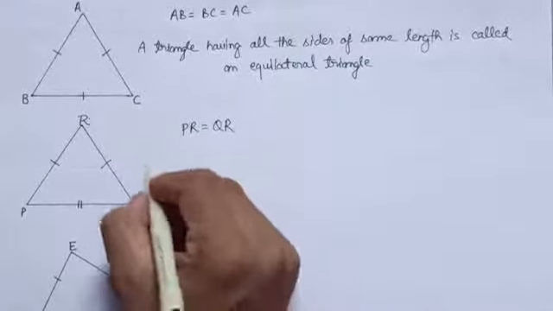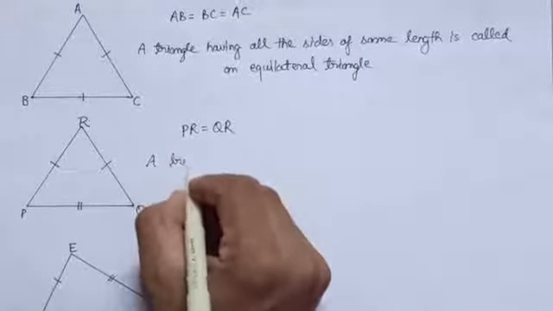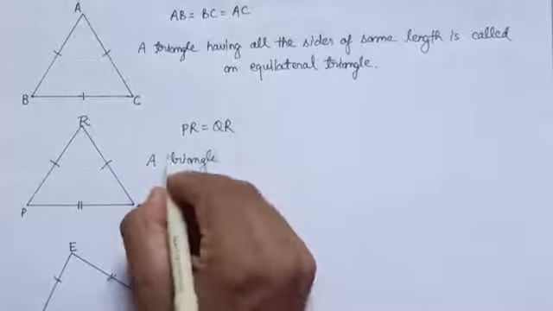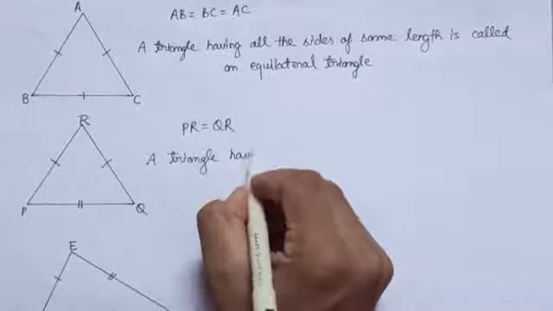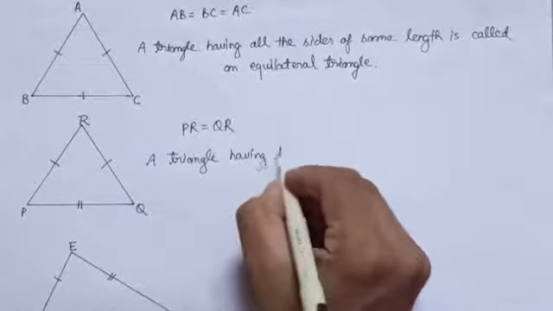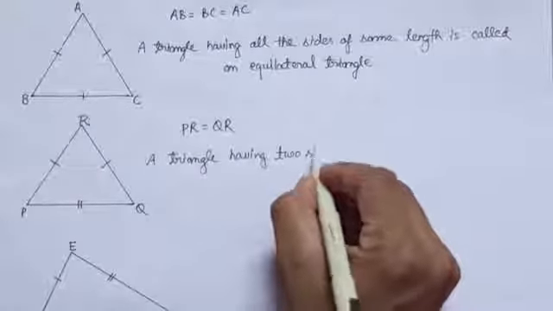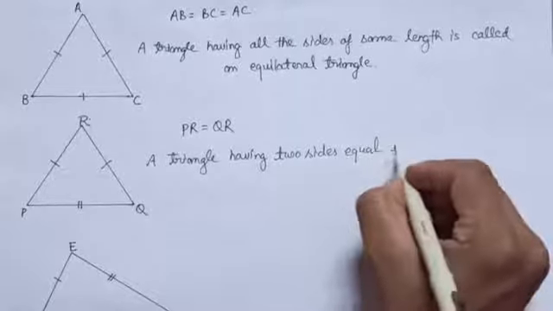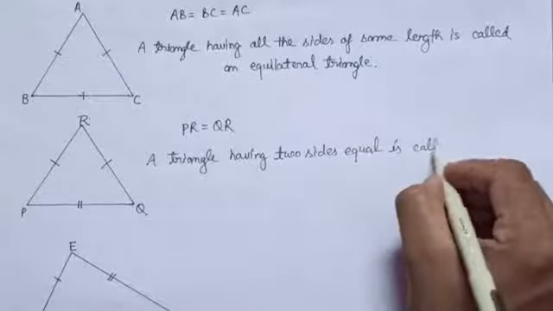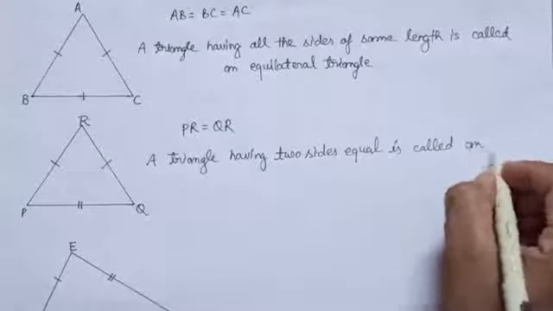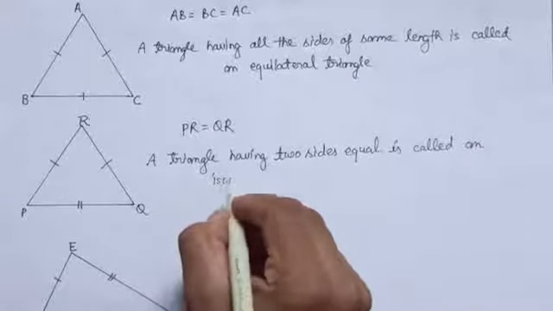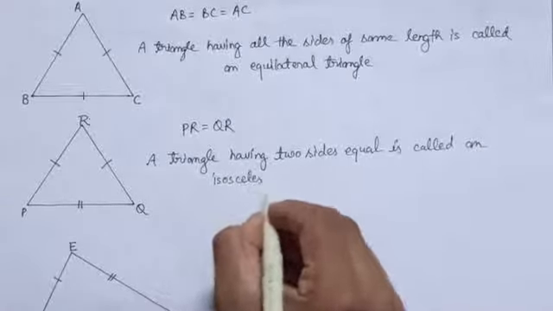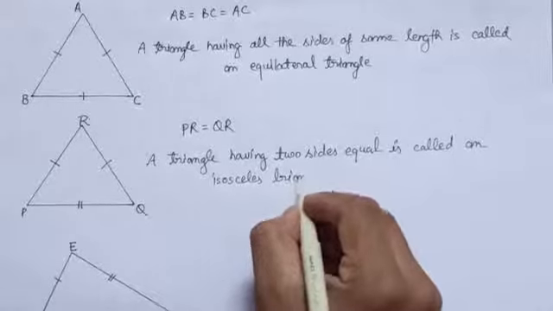A triangle having two sides equal is called an isosceles triangle.